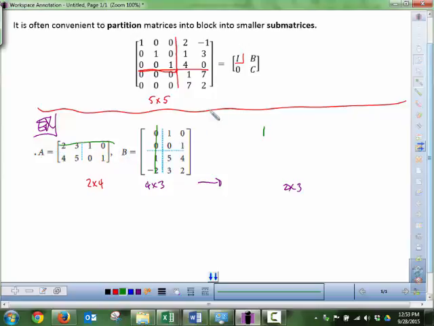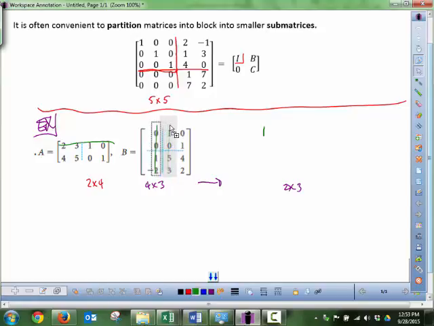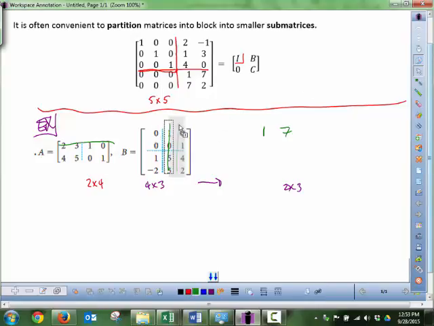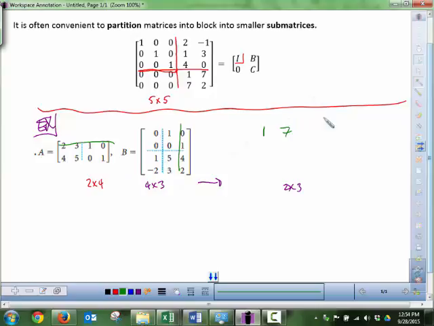Then we stay on the first row and go to the second column: 2, 0, 5, that makes 7, so 7. And then there's one more column on that first row. So we do 2 times 0, 3 plus 4, and 0. 3 plus 4 is 7.